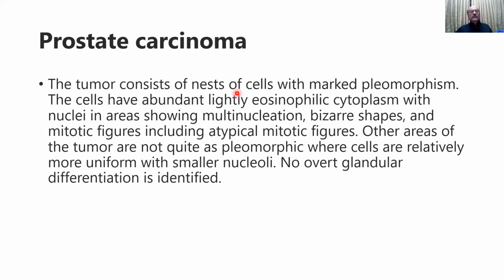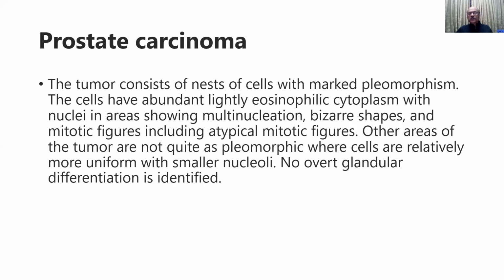The tumor consists of nests of cells with marked pleomorphism. The cells have abundant, highly eosinophilic cytoplasm with nuclei in areas with multinucleation, bizarre shapes, and mitotic figures, including atypical mitotic figures. Other areas of the tumor are not quite as pleomorphic, where cells are relatively more uniform with smaller nucleoli. No overt glandular differentiation is identified.